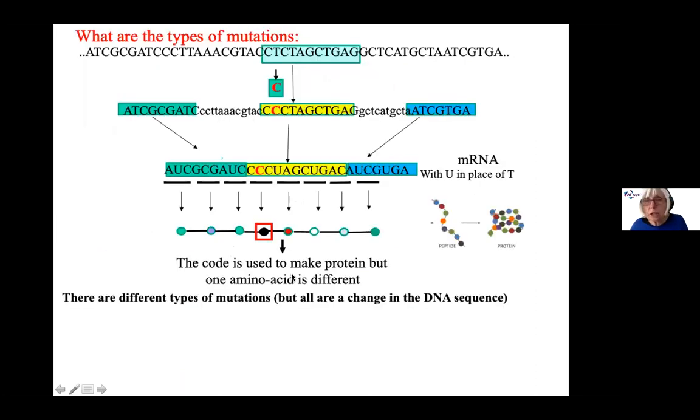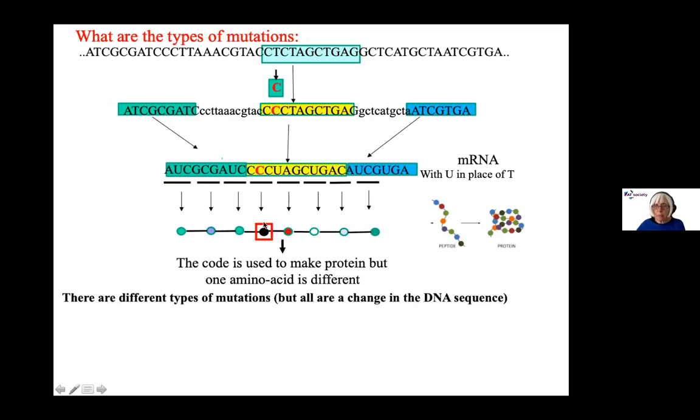Okay, so now we're just going to think again about what types of mutations there are. You can have what's called a missense mutation, where literally one of these building blocks just gets changed to something else. In this case, a T has been changed to a C. So instead of reading CTC, which will put in a certain amino acid, it's reading CCC, which will put in a different amino acid.